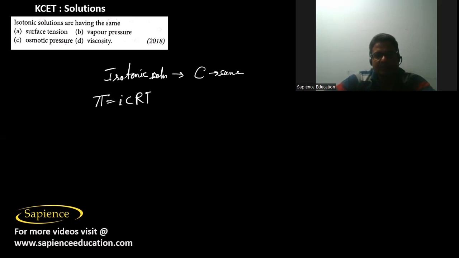It means isotonic solutions have the same molar concentration. So if C is the same, then we know that osmotic pressure pi equals iCRT. So if the concentration is the same, the osmotic pressure also will be the same. So isotonic solutions have the same osmotic pressure. So option C is the correct answer.